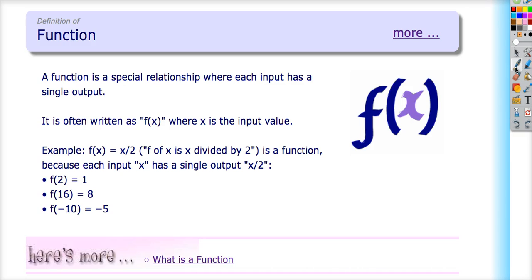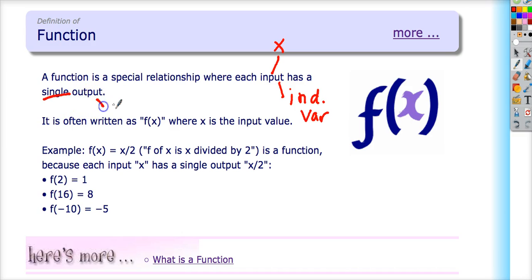Well, first you have to know what a function is. So, a function is a special relationship where each input has a single output. A single output. That is the important part. Inputs are usually your x, your independent variable.